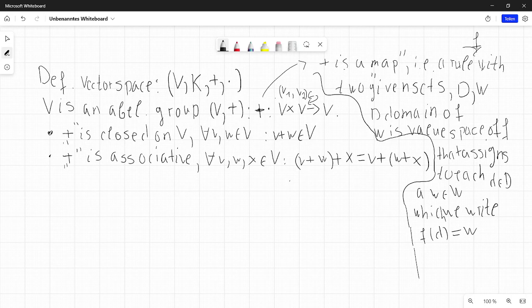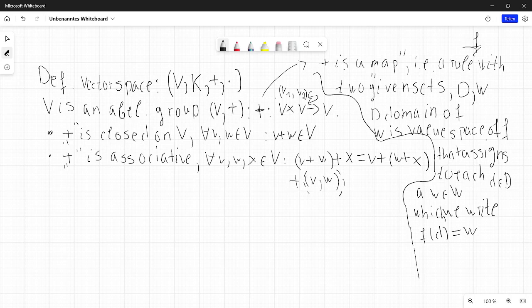v plus w is namely the same as plus evaluated at (v, w). We have a map, we have this pair. Actually, I should write double brackets because we evaluate our map at a pair, but it's just a convention that we usually don't write them if it is clear what is meant, right?